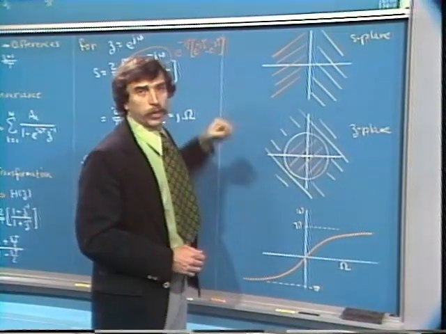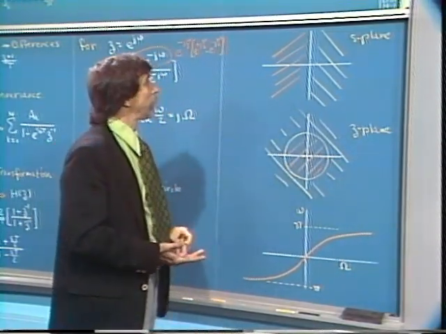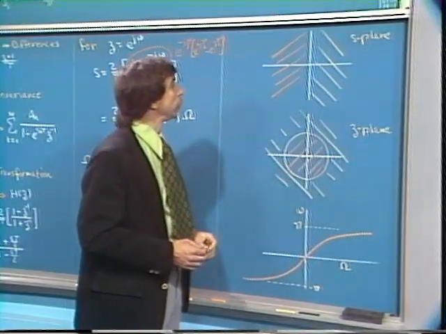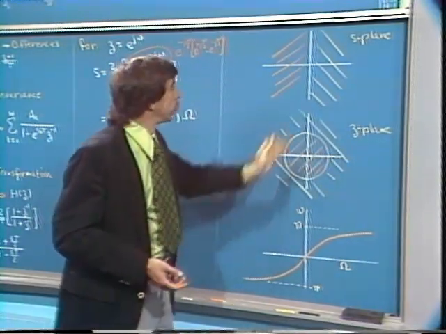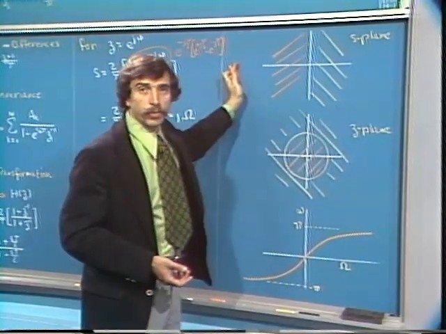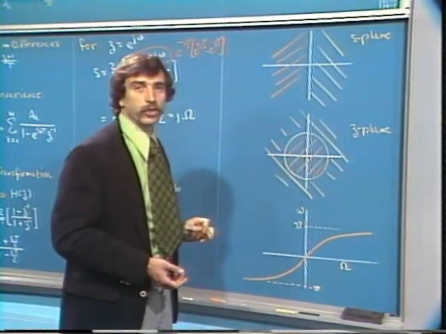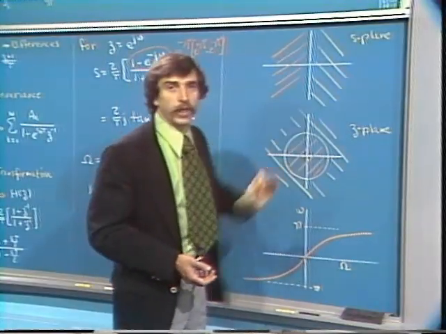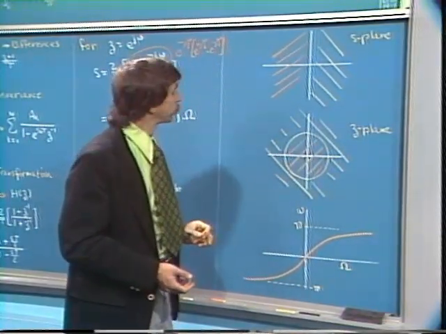An additional point about the bilinear transformation, which I'll state simply and leave it to you to verify, is that the left half of the S-plane gets mapped to the interior of the unit circle, and the right half of the S-plane gets mapped to the exterior of the unit circle.